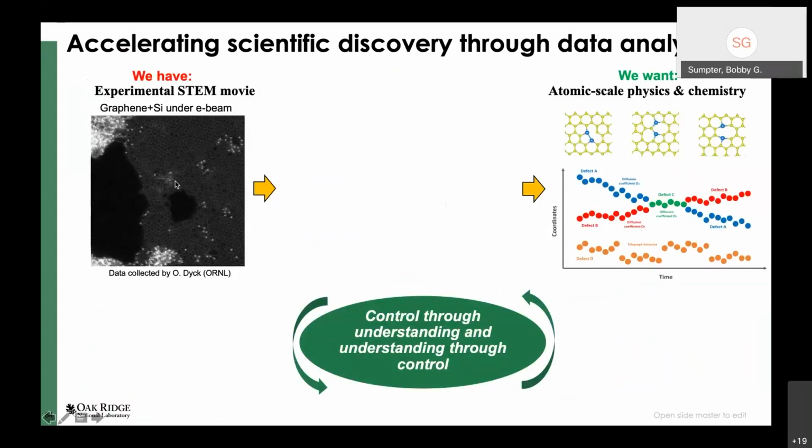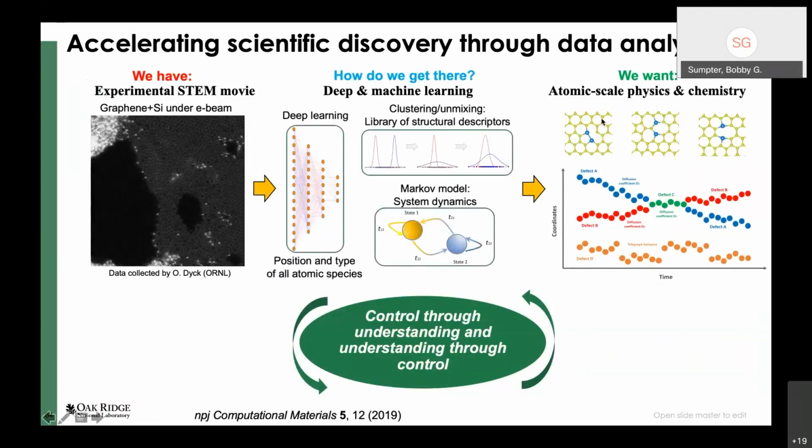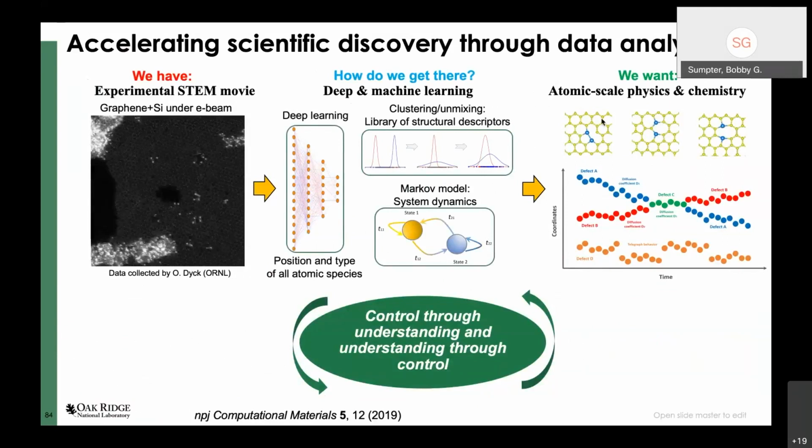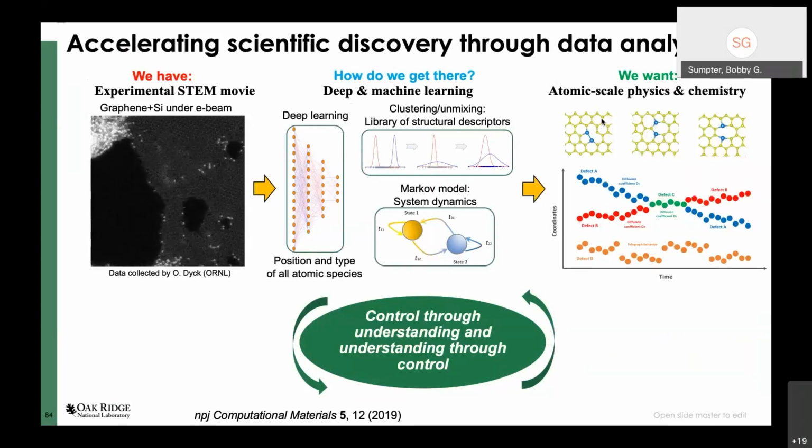We can move things around. We can drill holes and put things in those holes on demand to some extent. And what we want is to understand the physics that underlies that, and how we get there is this idea of putting in these machine learning and data analytics tools to allow us to feed back and directly control, and repeatedly be able to produce the same type of result.